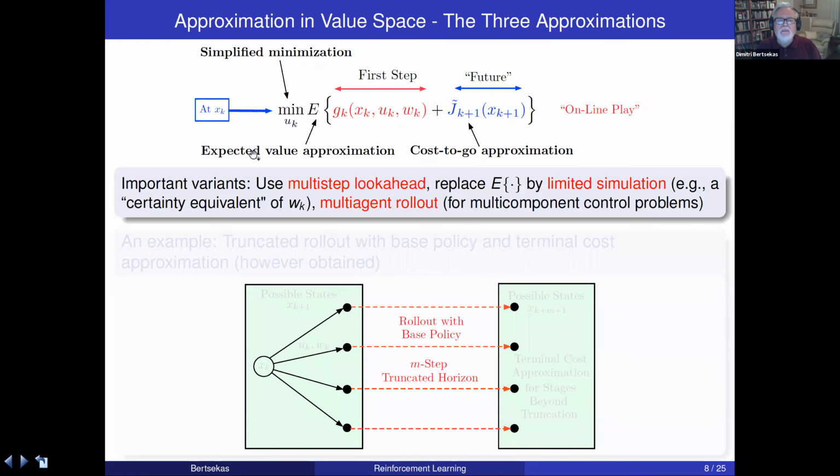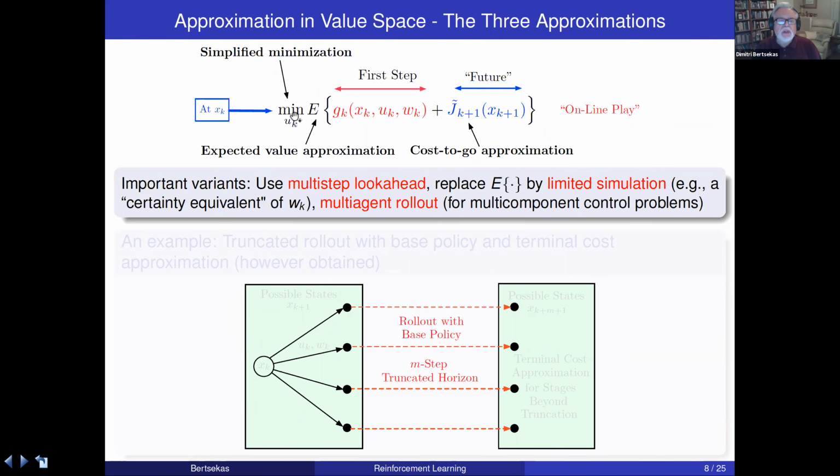And there are several variants of this approximation in value space scheme. Here, we look ahead one step and then take the approximation of the remainder through this J tilde. But we could look forward multiple steps and then take the approximation. Like in chess, we look ahead multiple steps and then use a value network to obtain the approximation of the cost to go, the scoring function, the evaluation function.